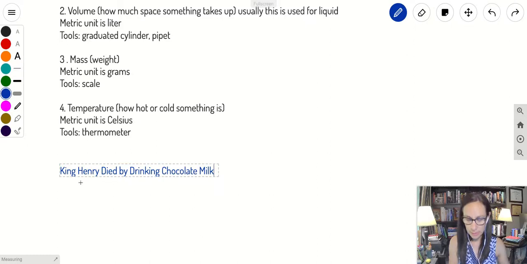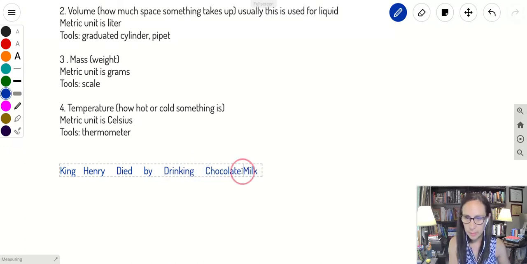So I'm going to put some spaces here so that I can write underneath it. Bear with me. This is a new tool that I'm using, and it's going to take me a little bit to get used to it.